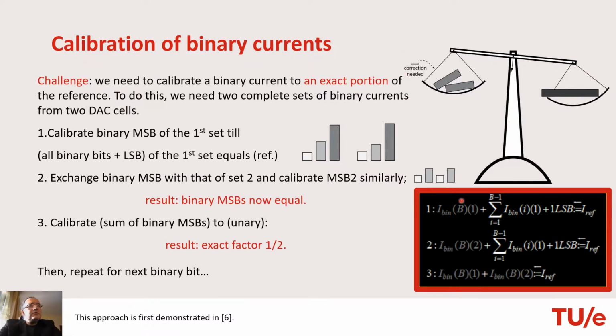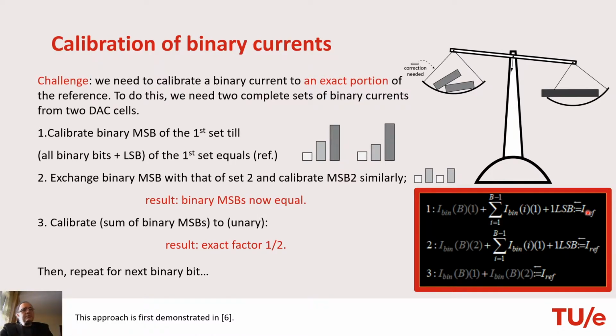You add or subtract a little bit of current from the MSB current of the first set through a calibrating DAC until the scale changes its sign. This is an indication that both inputs of the current comparator are approximately equal, to within the quantization error of the calibrating step.